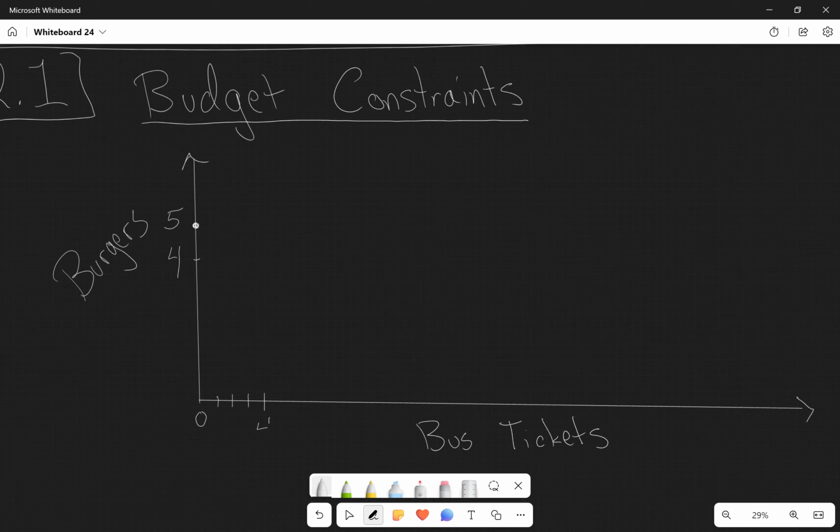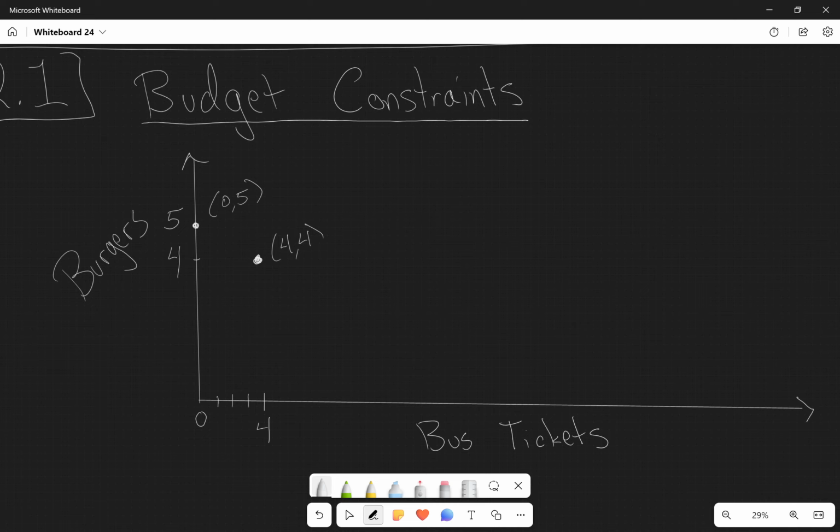So at this point, 4, 4 is our next choice that the person could make. So they could either get 0 bus tickets, 5 burgers, or they could get 4 bus tickets and 4 burgers, right? I'm just doing the X, Y coordinate pairs on there for us all.